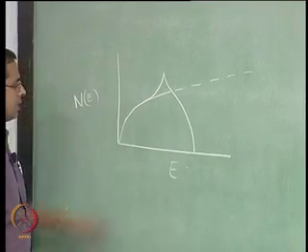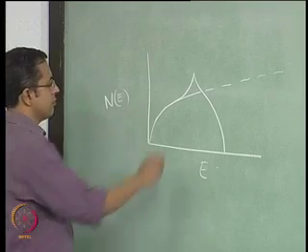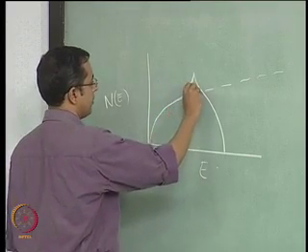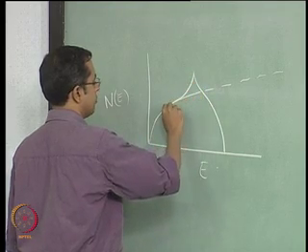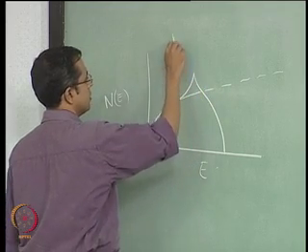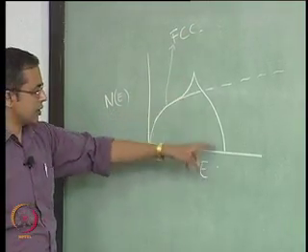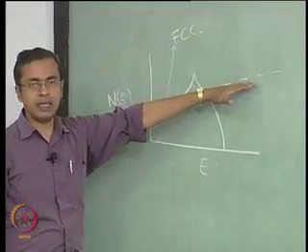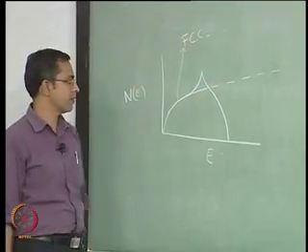Okay, so this diagram is the same as what we just drew. This is for the face centered cubic material, FCC. FCC is showing you this curve. This is just a trend line from the free electron parabola so that we can understand what we are doing.